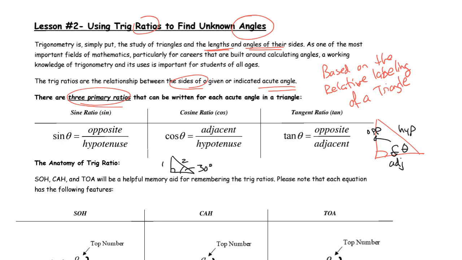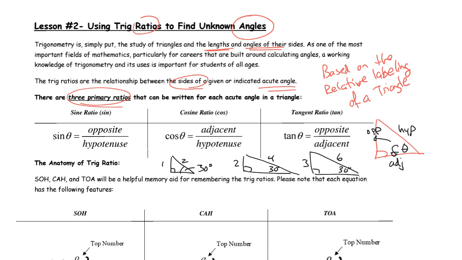The hypotenuse would therefore be 2. If this is a bigger triangle, and this is still 30 degrees, let's say this is now 2, it turns out the hypotenuse is 4. That ratio of the side lengths stays the same. It could be even bigger: with this 30-degree angle, this would be 3 and this would be 6. That relationship always holds.